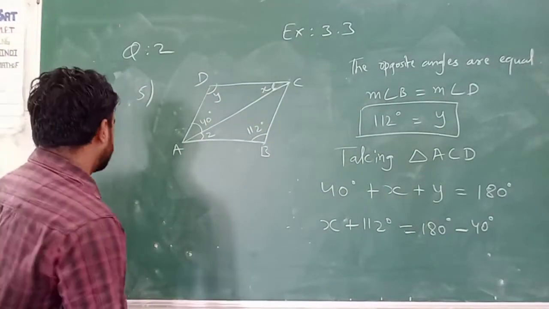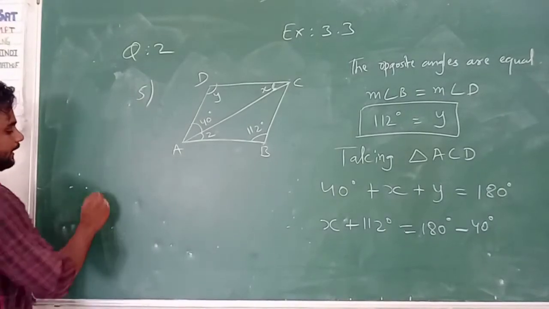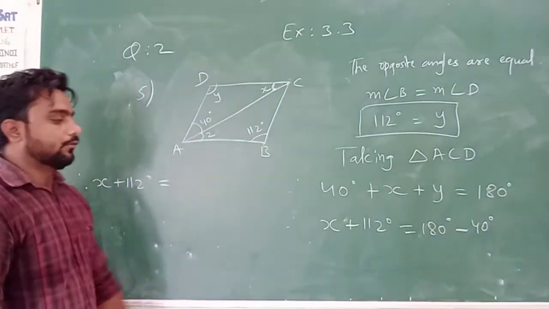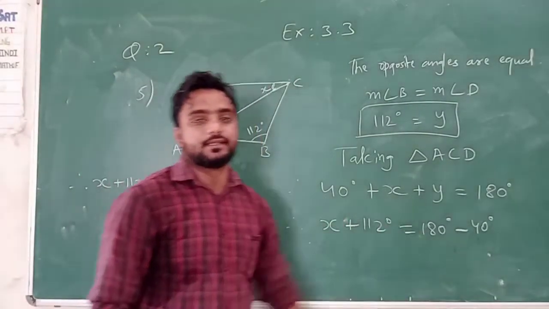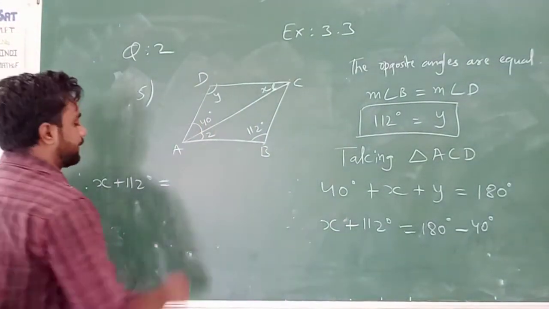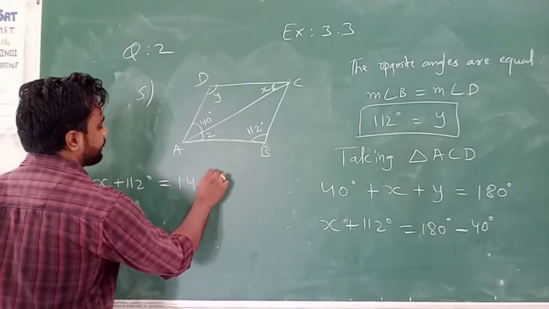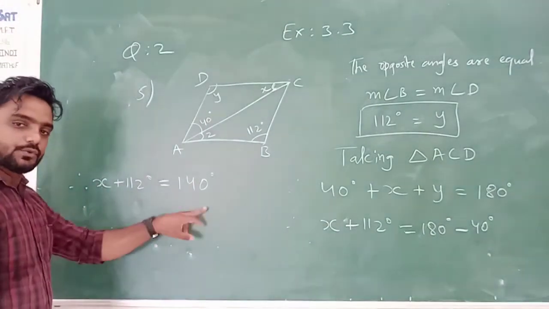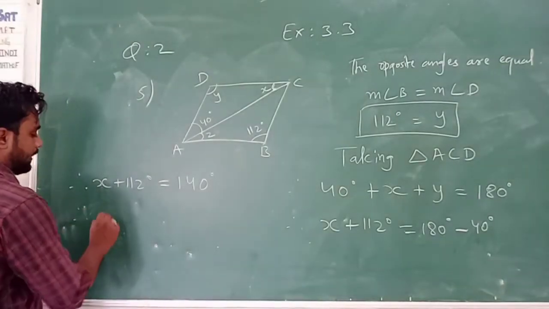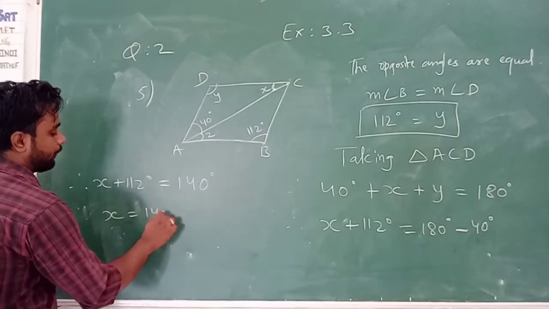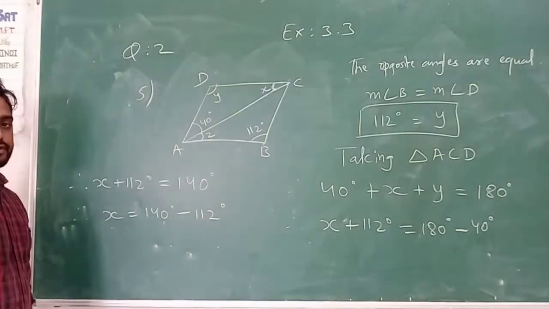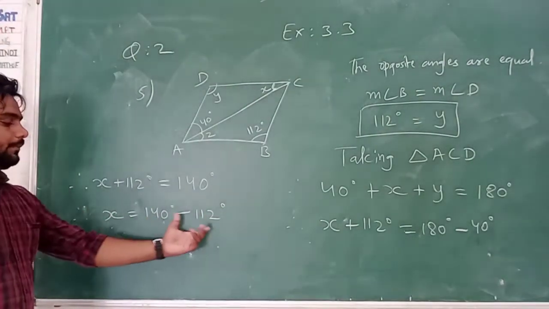So therefore x plus 112 degree is equal to 180 minus 40, that is equal to 140. Now changing the side of 112 from LHS to RHS, therefore x is equal to 140 degree minus 112.